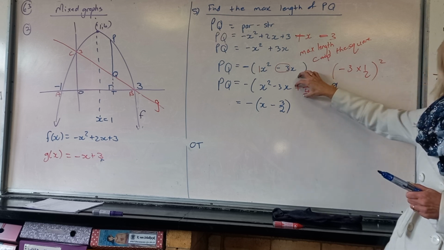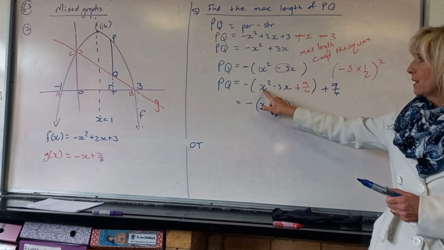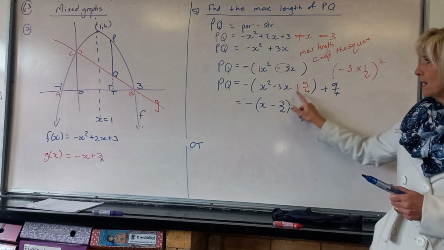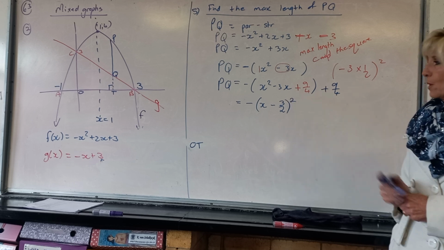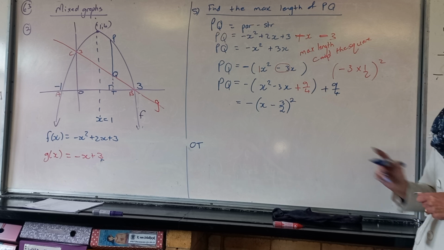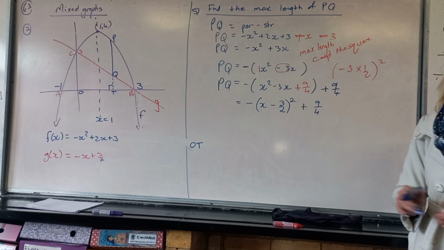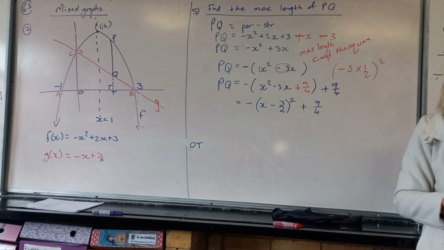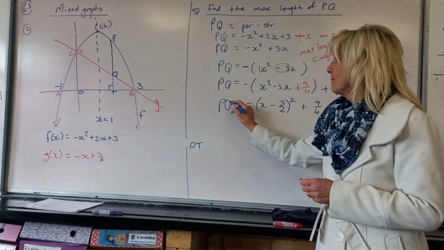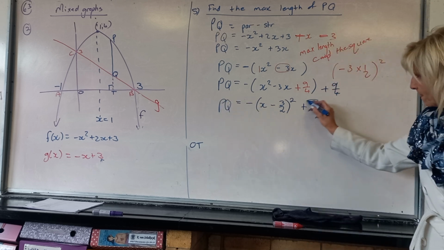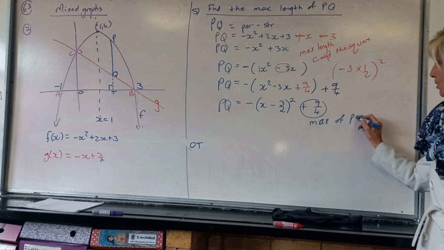Once you've added this third term, completing the square will be: square root of the first, the second one's sign, the third one's square root, and please don't forget the square, because now you've completed the square. And over here we've still got 9 over 4, 2 1/4, 2.25, whatever way you want to say that. But very importantly, what is then the maximum distance? 9 over 4. That is your maximum value of PQ.